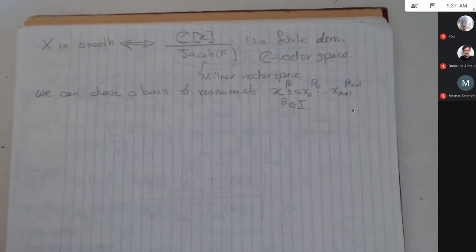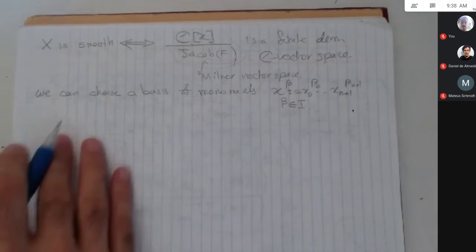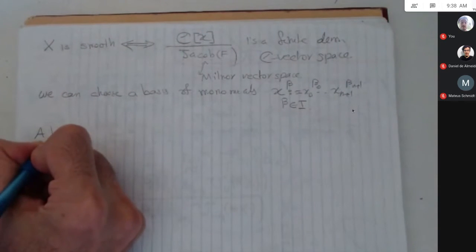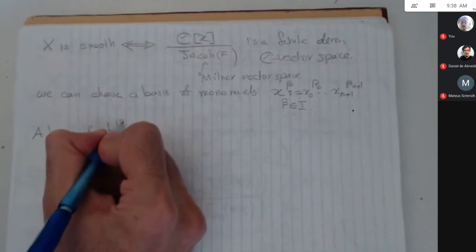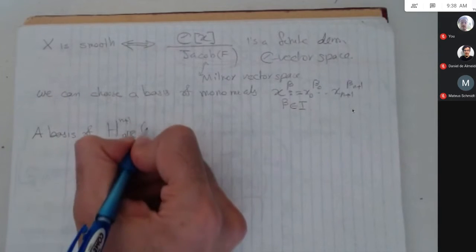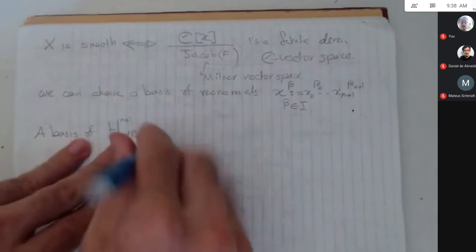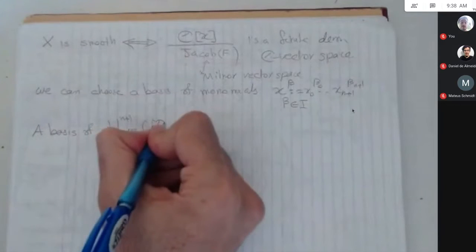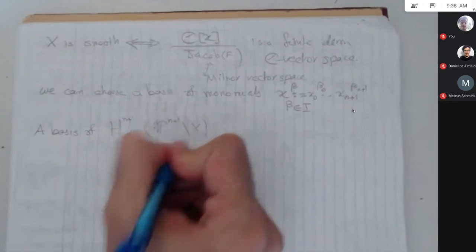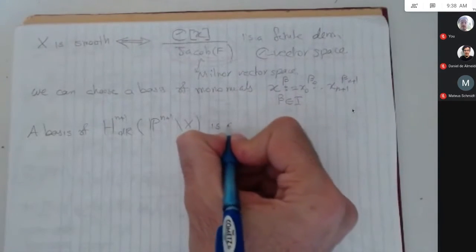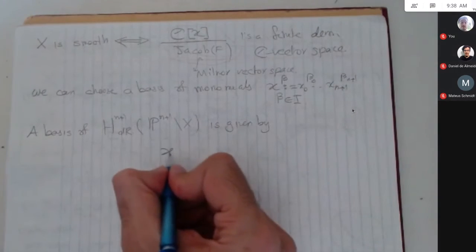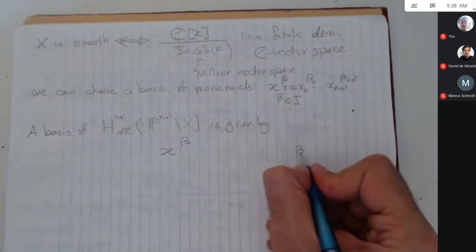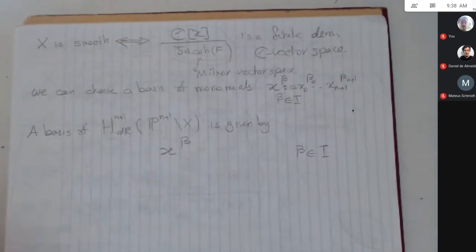So we can choose this one. So I am writing the Griffiths basis of H^{n+1} de Rham of P^{n+1} minus X is given by this X^beta in I. So I is my index set.